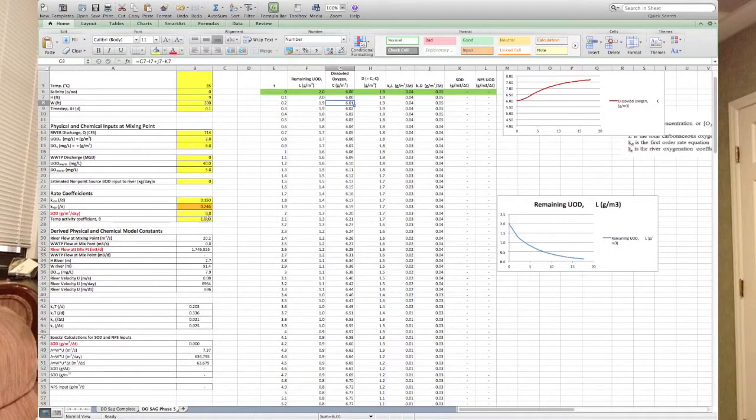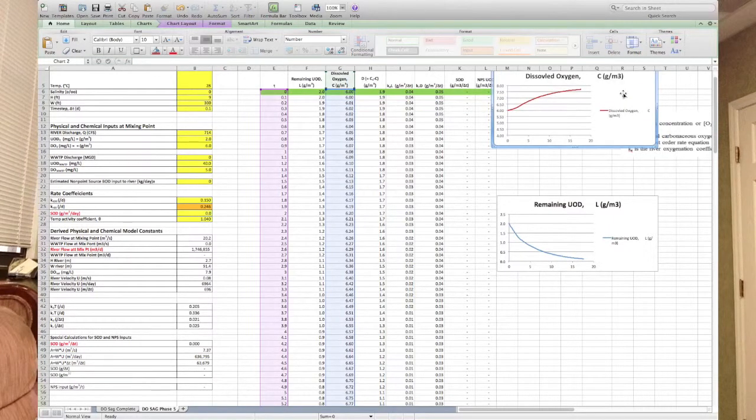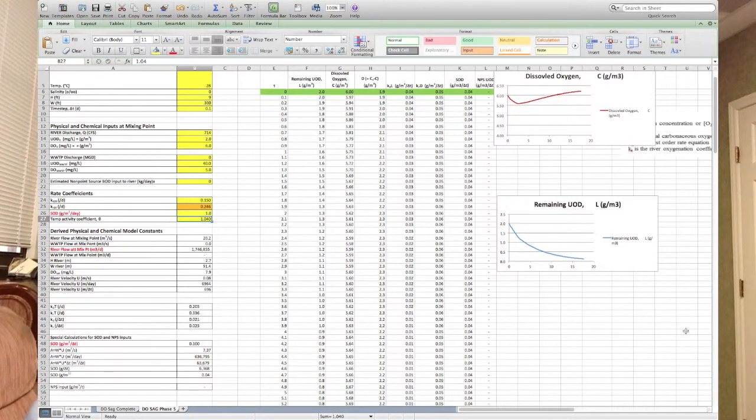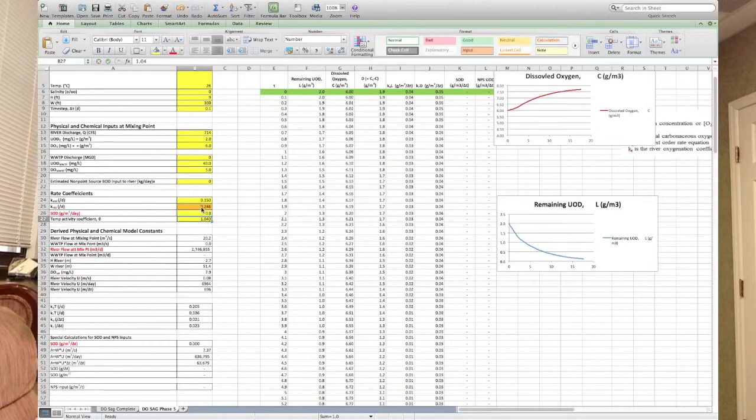So watch this curve over here. If I put a DO in here of, say, 1, let's go. I'm going to put a DO of 1. See what happens. A DO of 0 in this curve means that my reaeration really takes over as all the UOD is consumed in the system.